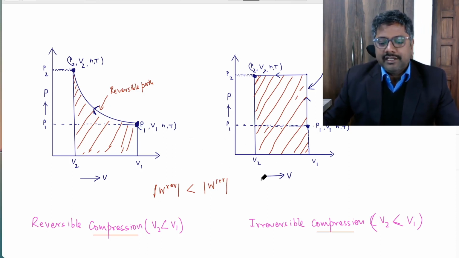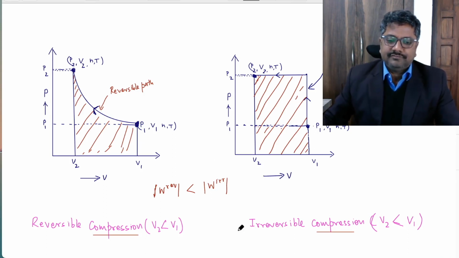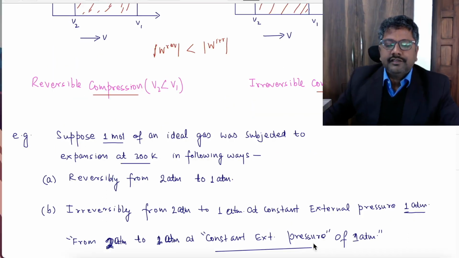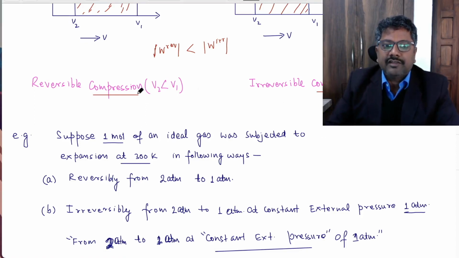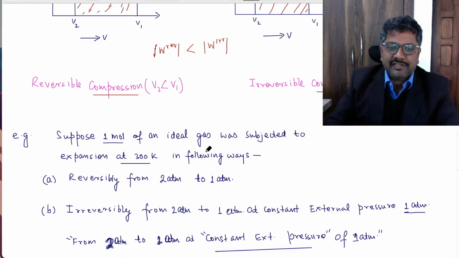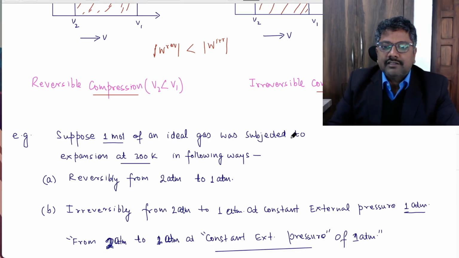But remember, in case of irreversible compression, you have to put more work on the system, right? See, consider this question for the comparison of work between reversible and irreversible expansion. Suppose 1 mole of an ideal gas was subjected to expansion at 300 Kelvin in the following ways: reversibly from 2 atm to 1 atm, and irreversibly from 2 atm to 1 atm at constant external pressure 1 atm.